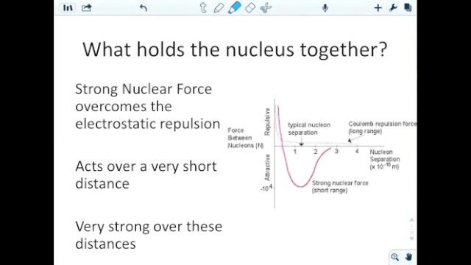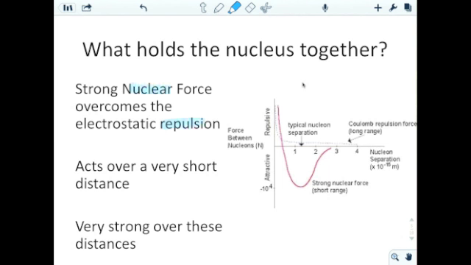Okay, what holds the nucleus together? If protons are positively charged and all located in the nucleus, what keeps them together? The strong nuclear force overcomes the electrostatic repulsion.